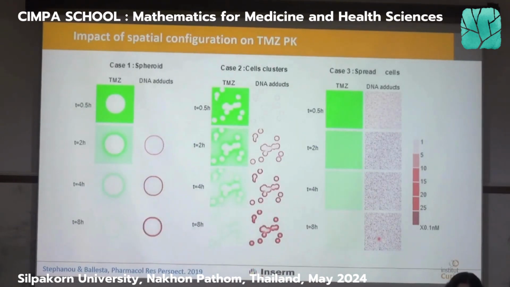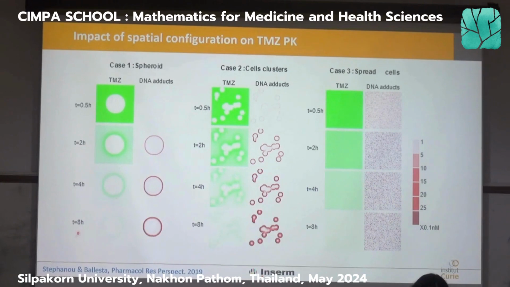And then what we have done is to run the same type of numerical simulations, but for different shapes of the tumor. So this is basically what I showed for the spheroid. You need to read this from the initial time until 8 hours of exposure.